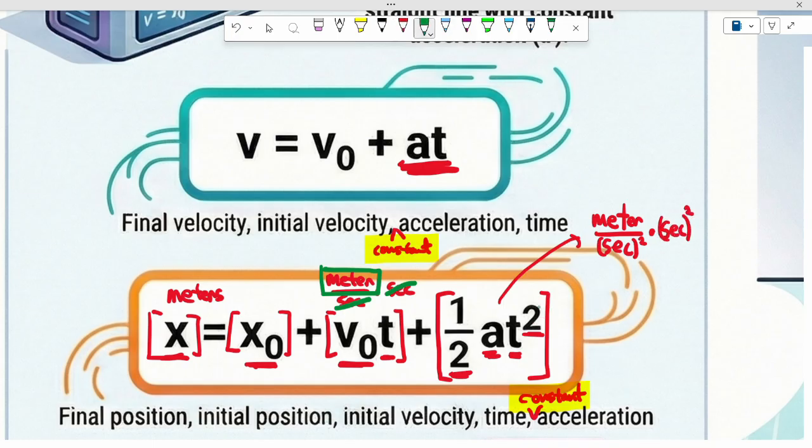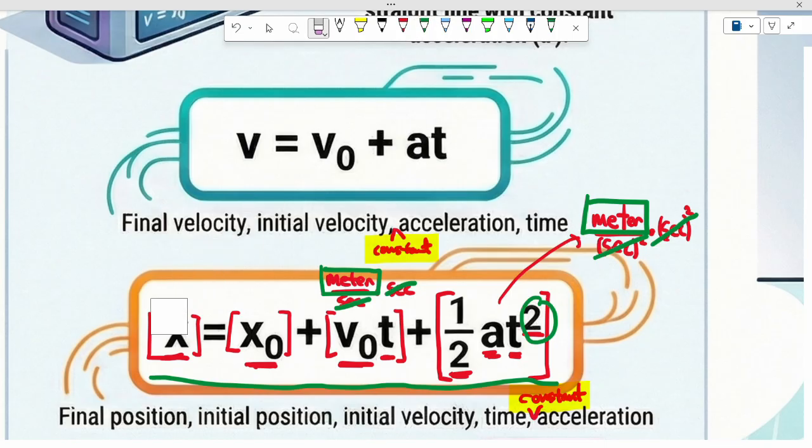So this squared thing helps make units come out correctly. Second squared cancels out the second squared from the acceleration, and you end with the unit of meter. So in this entire equation, every single term that you are adding together has unit of meter, and everything is dimensionally consistent. So that's the summary overview of these kinematics equations.